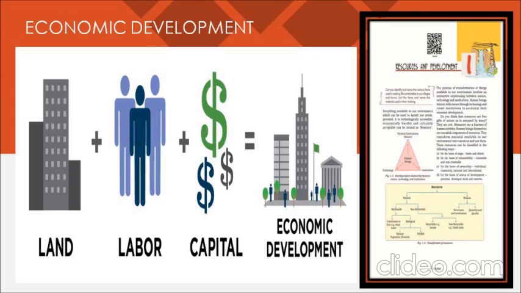So when the number of institution increases, means when the organization increases, then it means there is an increase in a production of goods, and simultaneously there is an increase in a labor force, there is an increased use of developed technology, there is an increased use of human capital. So all these leads to what? All these leads to a growth in the economic development.